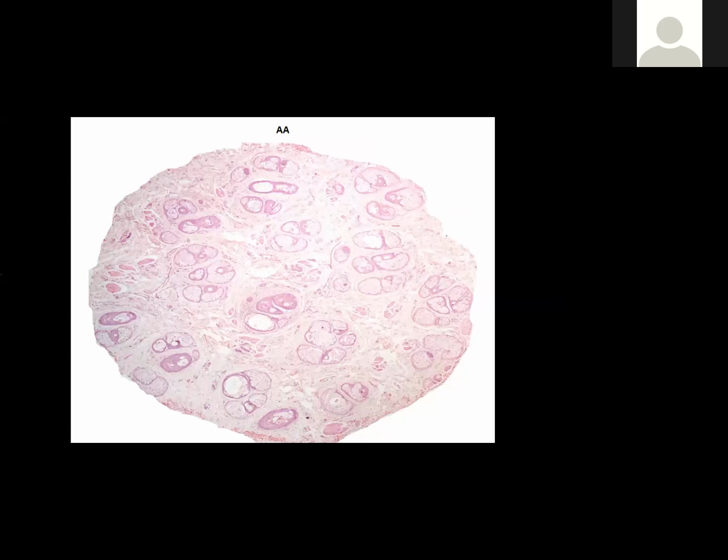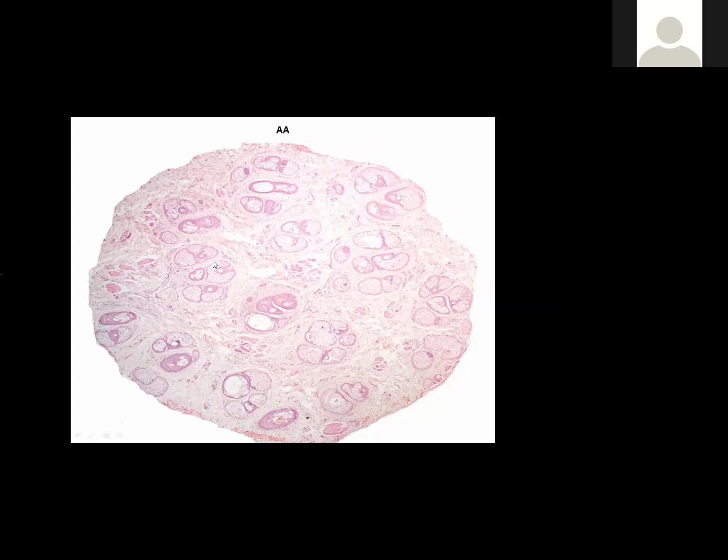Now, in alopecia areata, very similar to androgenetic alopecia, we again see miniaturization of the hair follicles. So again, we can appreciate that most of these hair follicles appear very small in size, and so the sebaceous glands appear very large.